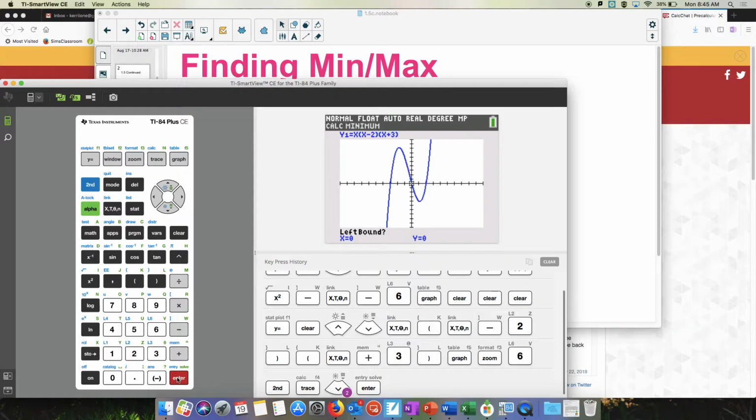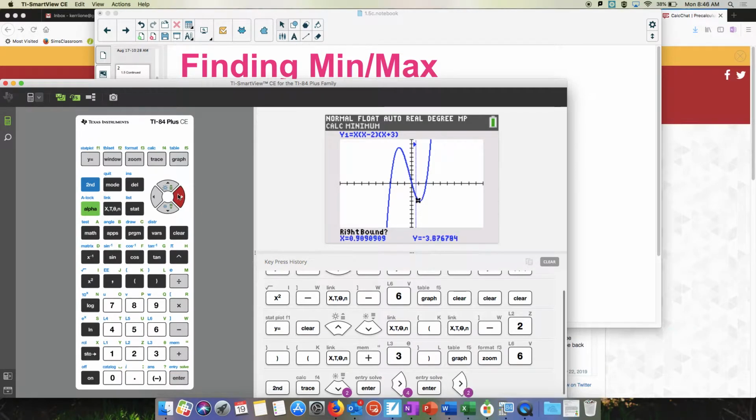Each time you calculate something, it's going to ask you for a left and right bound. So, do you agree that this is a minimum right here? Then you need to put the little blinky cursor somewhere to the left of it and hit enter. Then it's going to ask you for a right bound.